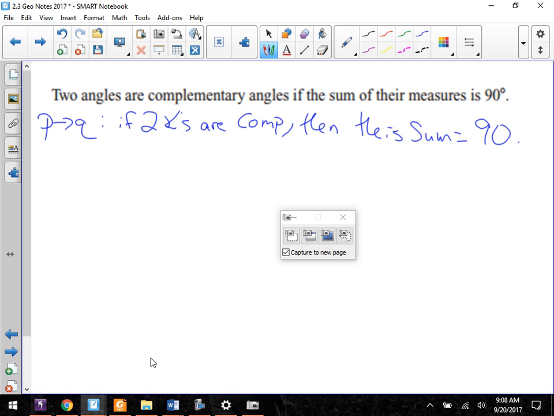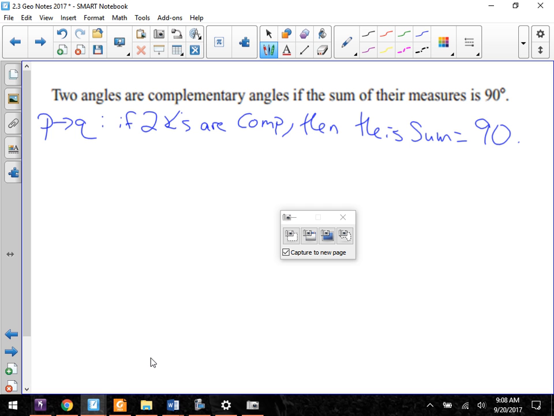That's what that looks like in terms of what we call the conditional statement. Now, if I say that backwards, what do you get? If the sum of two angles is 90 degrees, then they're complementary. Perfect. Both of you guys said the same thing.